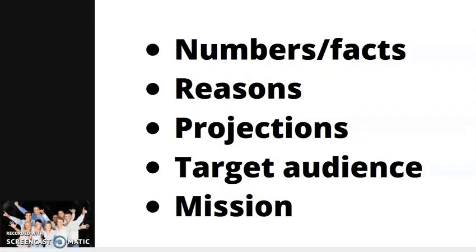The first is include any numbers or any facts that you have. For example, you may have a particular number of folks who are unemployed in a certain area and you want to design an academic program to help them find a job.